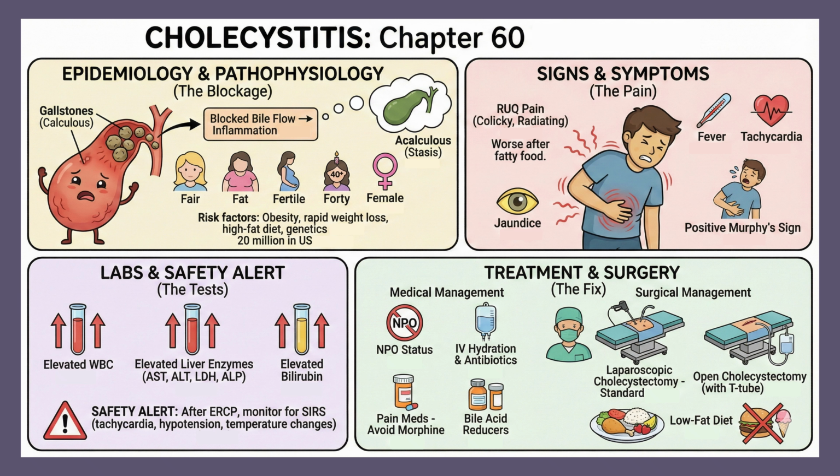Laboratory findings typically include an elevated white blood cell count, elevated liver enzymes, the AST, ALT, LDH, ALP, and elevated bilirubin, all indicative of inflammation and bile flow obstruction.